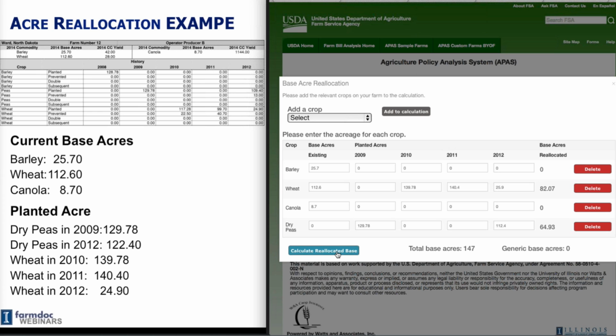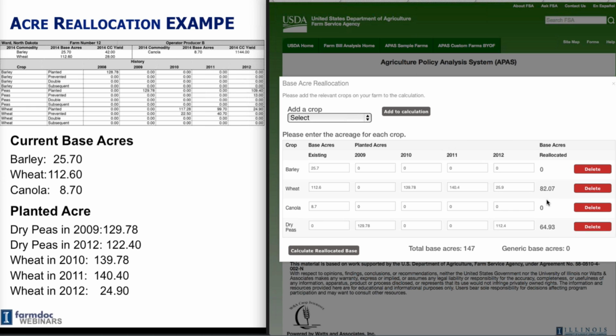So we have total base acres here of 147 base acres, which is just summing up 25.7 barley acres, 112.6 wheat acres, and 8.7 canola acres. And here's our base acre reallocated. So these are our two choices: base acres existing or our reallocated base acres over here.